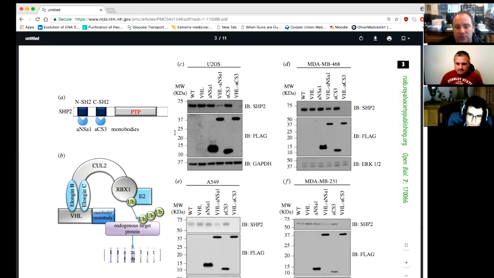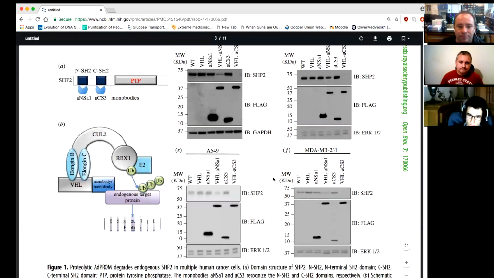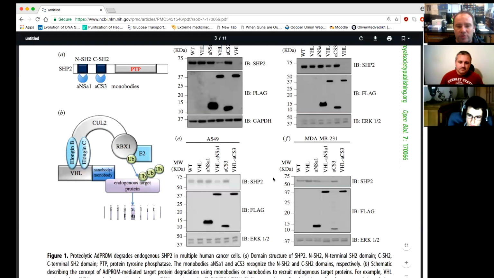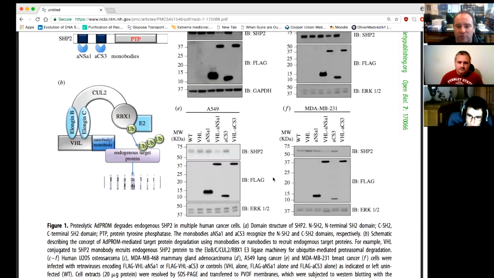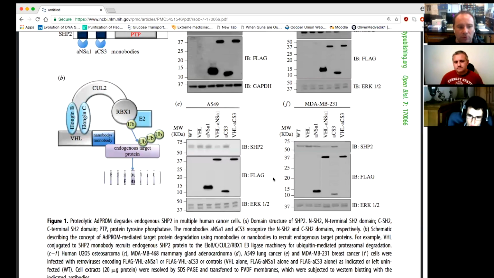So that is figure 1C. And you pretty much more or less, to varying degrees, see similar things for all the other cell lines, right? Maybe slight variations in the amount of degradation of SHP2, but you see the same theme. So the take-home message of this is proteolytic AdPROM degrades endogenous SHP2 in multiple human cancer cells, as the figure legend states.